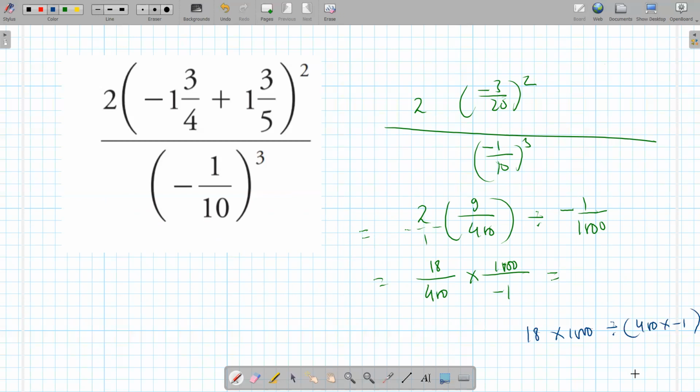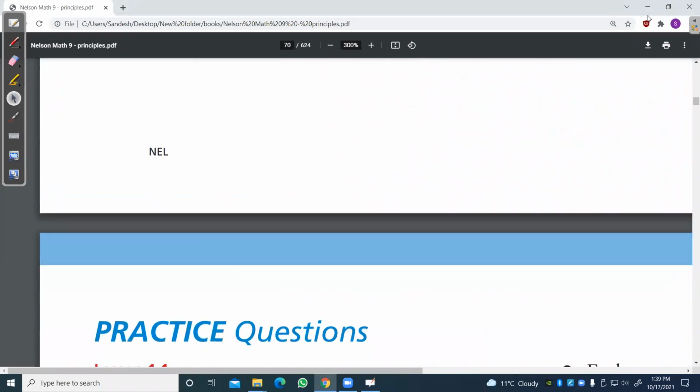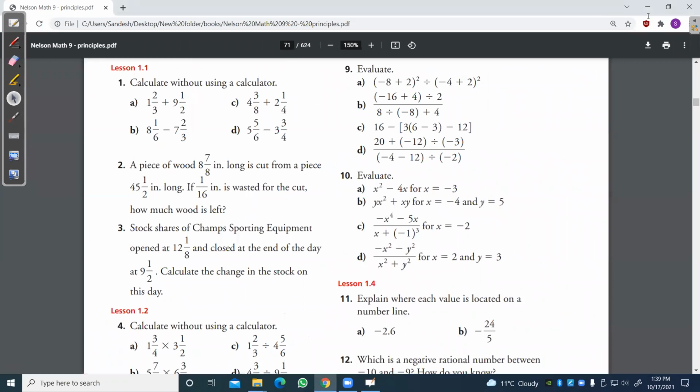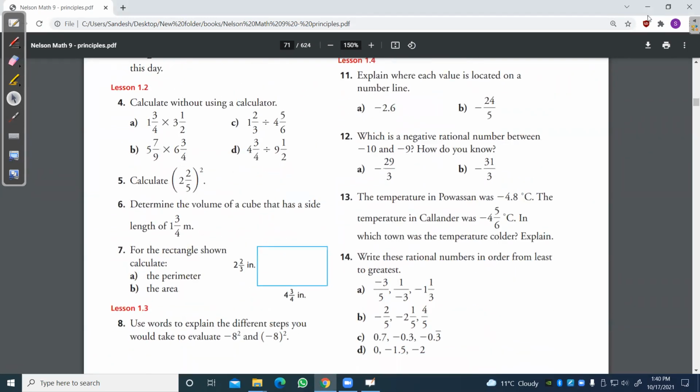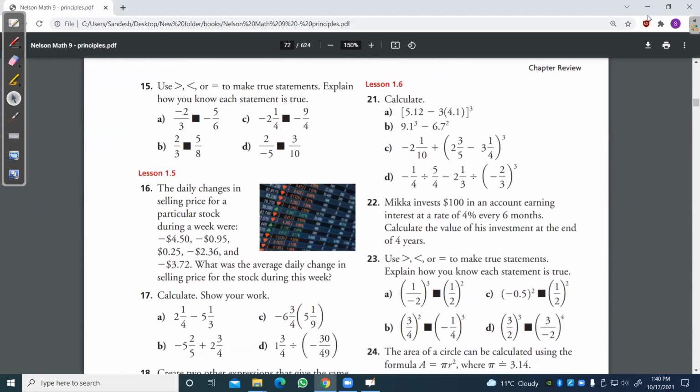It's negative 45. Okay, there we go. That makes sense? It's a little bit tricky. It's not the end of the world.